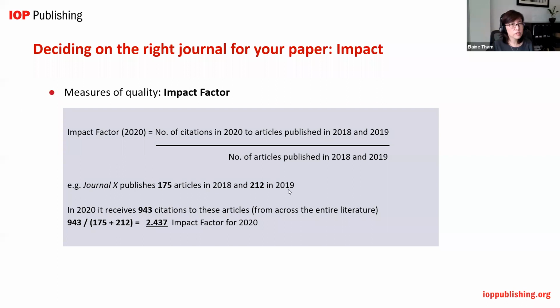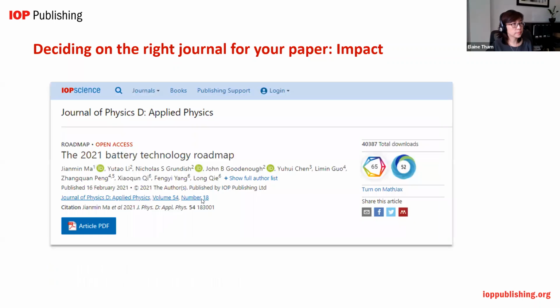Some of the factors you might consider also when determining the potential impact of a journal is looking at article downloads, as well as other types of metrics such as social media mentions or news coverage. For example, if you look at this paper that was published last year in one of our journals, Journal of Physics D, this article has already been downloaded more than 40,000 times.